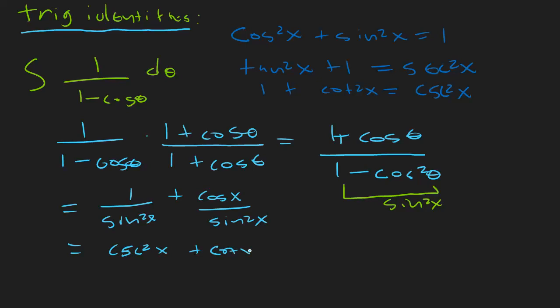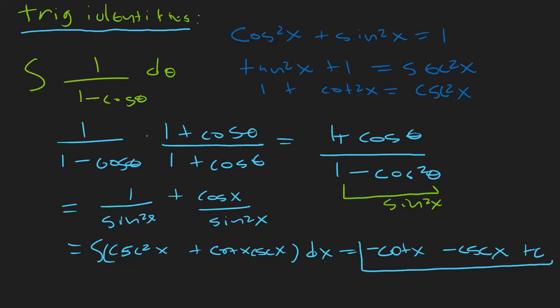And then remember that we were integrating this, so with dx, that's going to be negative cotangent of x minus cosecant of x, plus c. So this would be the solution for that particular type of question.